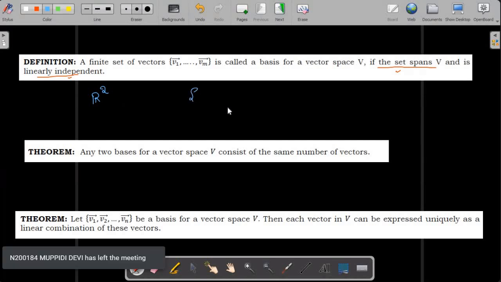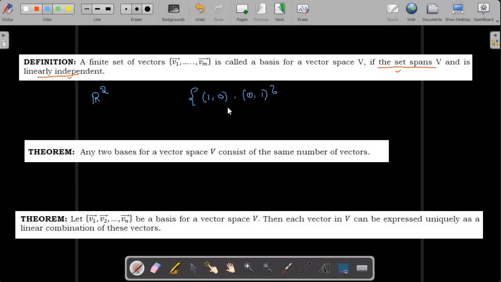For example, for R2, the standard basis set is nothing but (1, 0) and (0, 1), right? Similarly, there are many other bases for R2, not just one. B1 is the standard basis set. Let me take another set B2, which is (1, 1) and (1, -1).